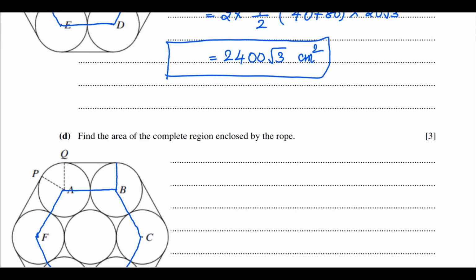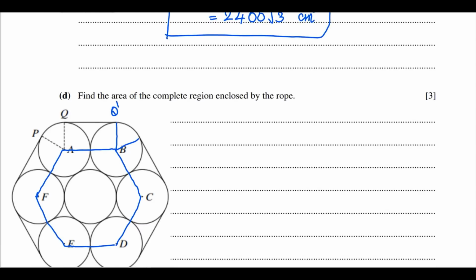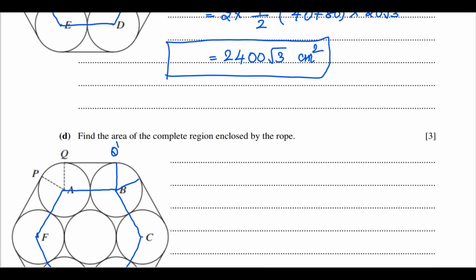And the remaining side PAQ is a sector. And next we have a rectangle. So from the previous part of the question, we found the area of the hexagon. Okay. And we have to find the area of the sector PAQ.